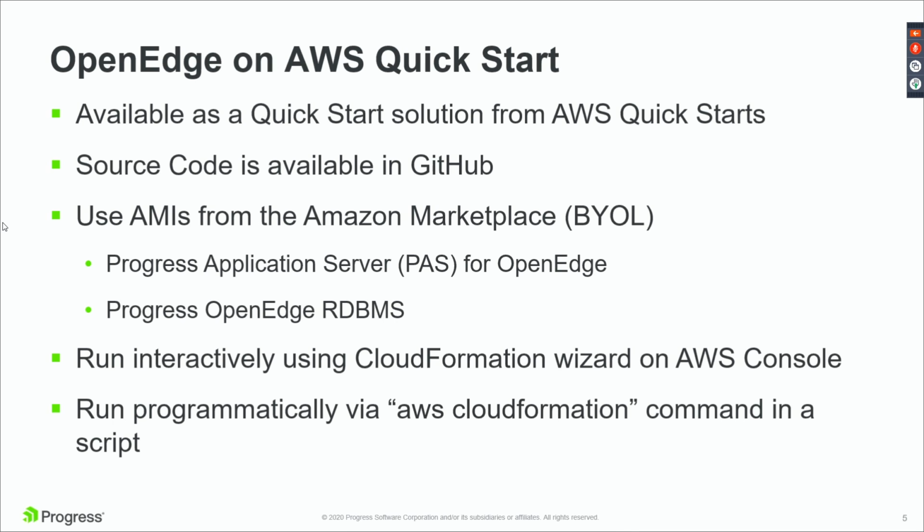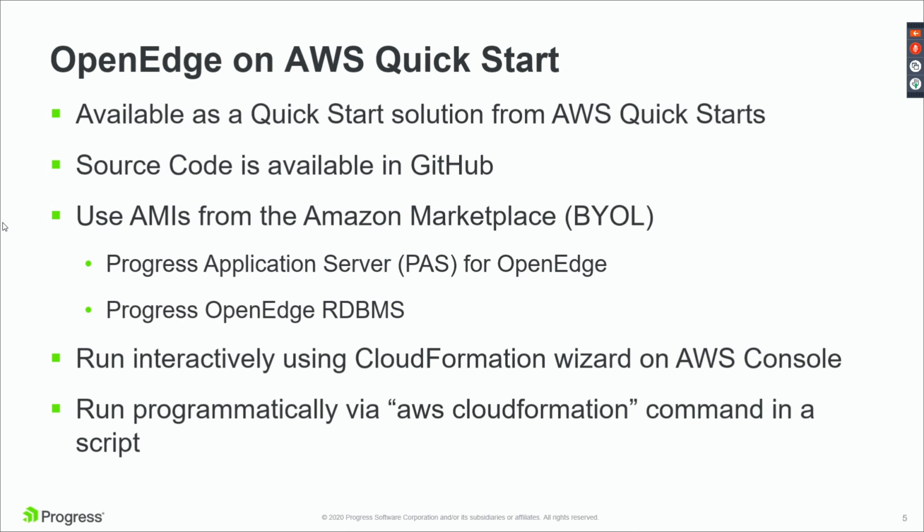Now, the Quick Start can be run interactively using the CloudFormation wizard from the AWS console. So you use the web UI, you navigate, you enter the parameters, and you run it that way. And you can also run it programmatically with the AWS CloudFormation command.